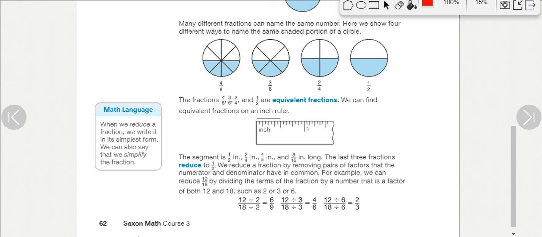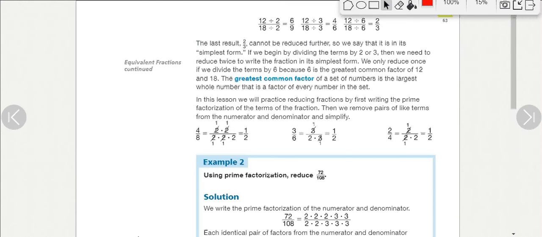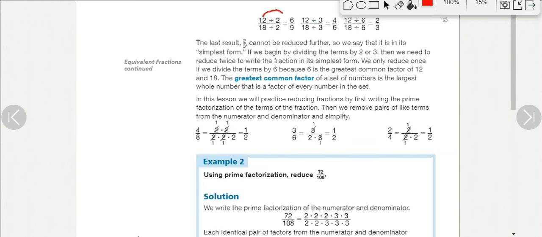All right, let's look at what else they have for reducing. Okay, it can take a few steps to reduce a number down. Or if you divide by the greatest common factor, you'll get it by just dividing once. You can prime factorize the numerator and denominator separately. 4 is 2 times 2.